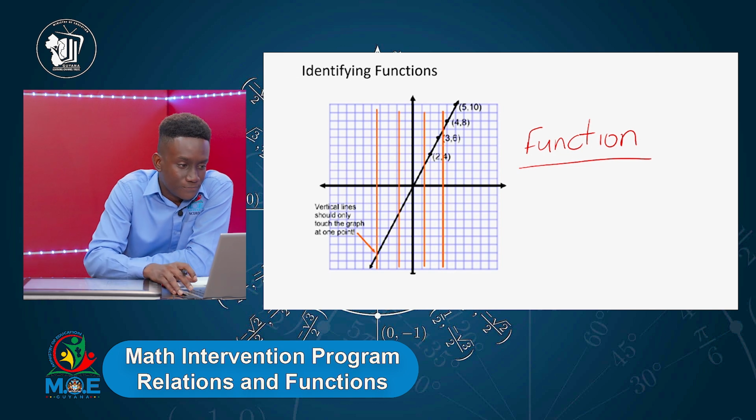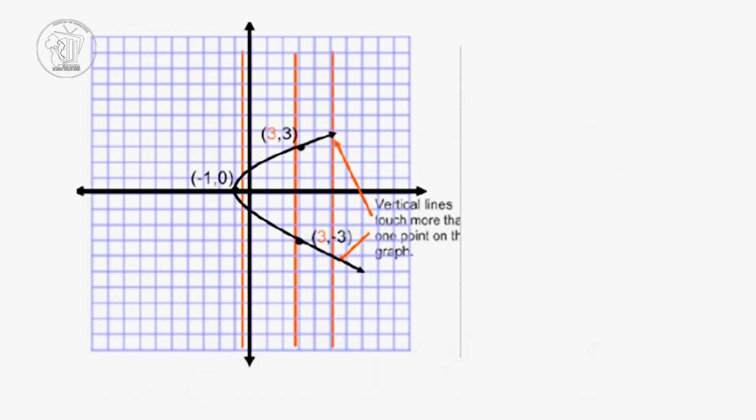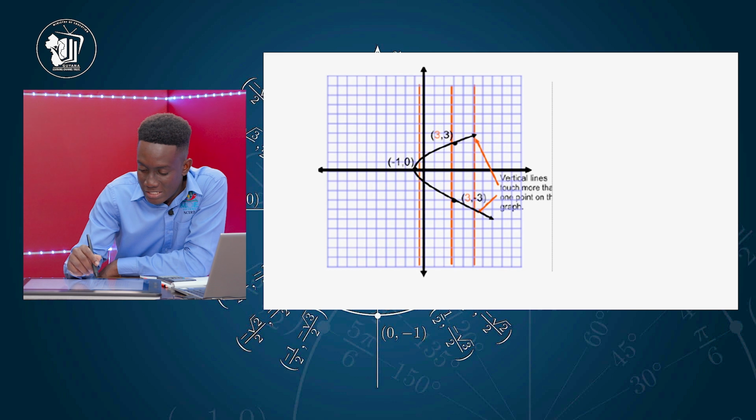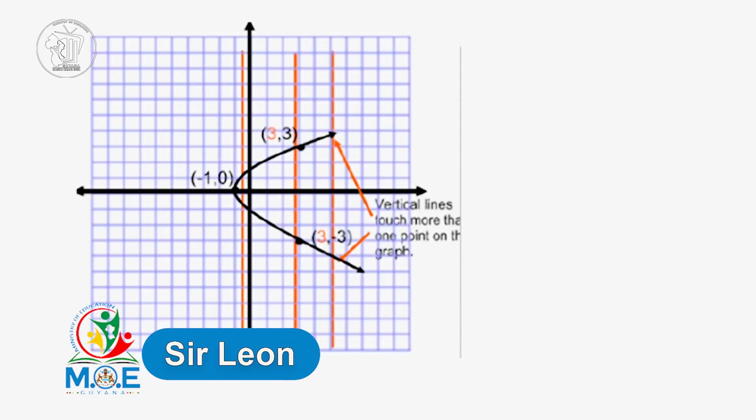Let's look at another one. Let's look at this graph. So in this case, we have a parabola. But it's not an ordinary parabola. It's open across the x-axis. So let's see if this graph is a function. As you can see, based on the vertical lines, we have this red line passing through this point and this point.